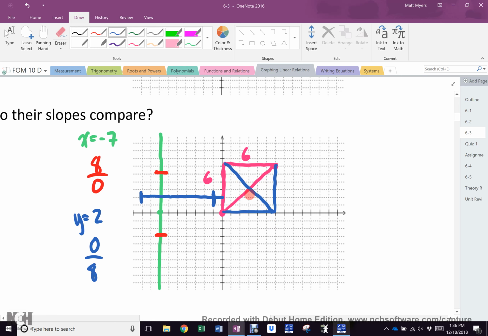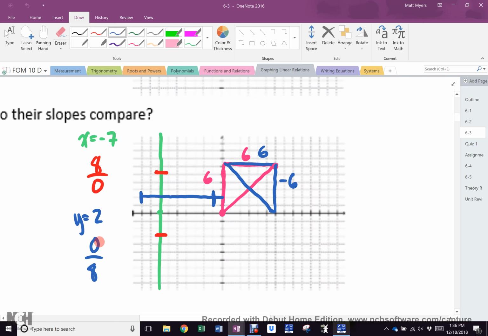Everybody cool? If they're parallel, they're the same. If they're perpendicular, they're opposite reciprocals. If they're opposite reciprocal, you know they're perpendicular. Everybody good? Great. Do the next 7 questions.